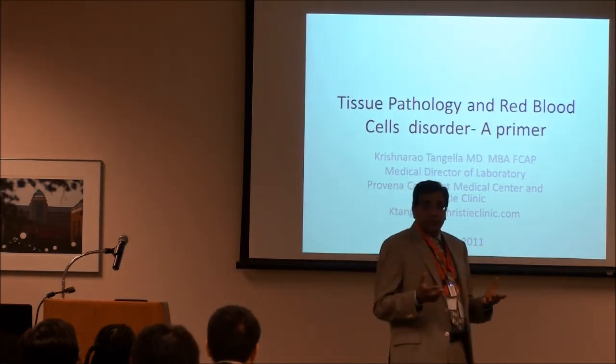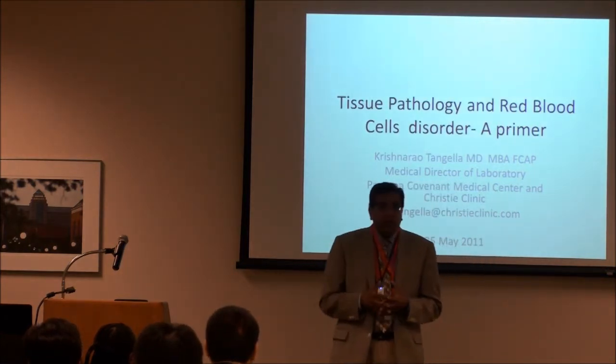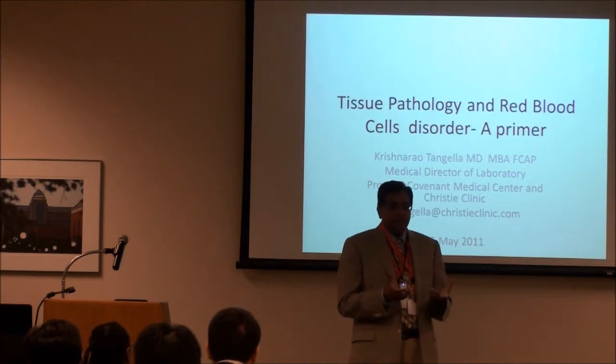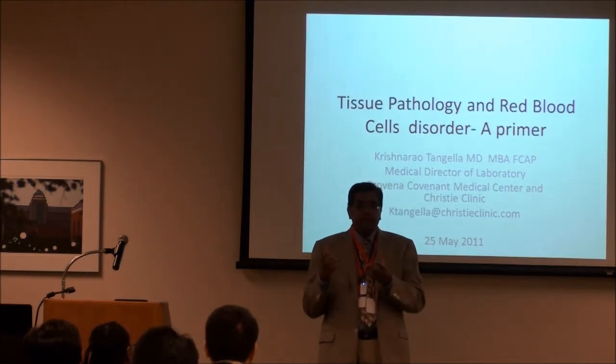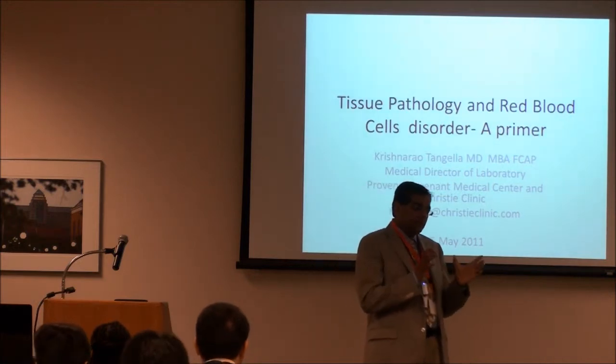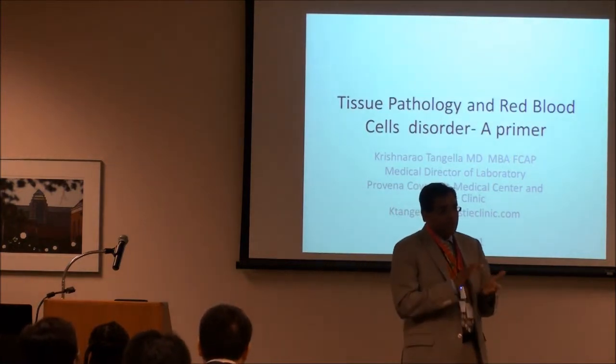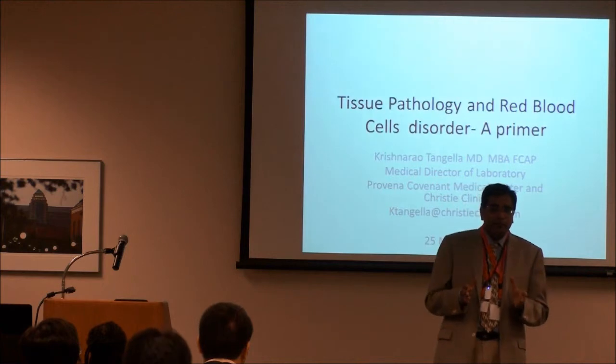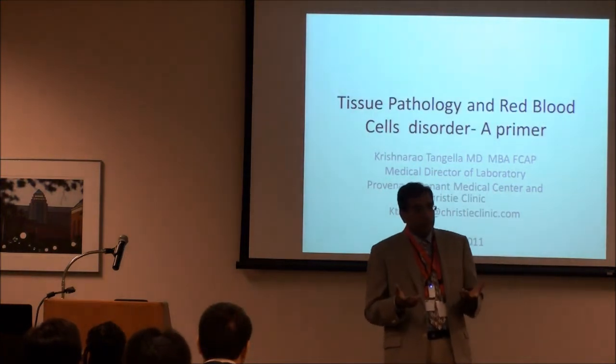A pathologist is a diagnostician. I diagnose diseases when the surgeon takes out a tissue from the body. It gets sent to the lab, it gets processed, and slides get made. I look under the microscope, and then I diagnose what it is.